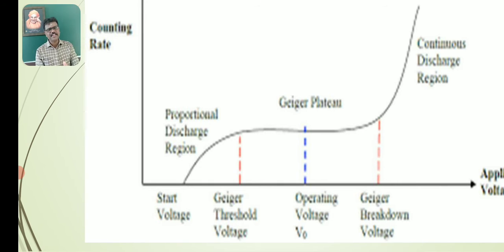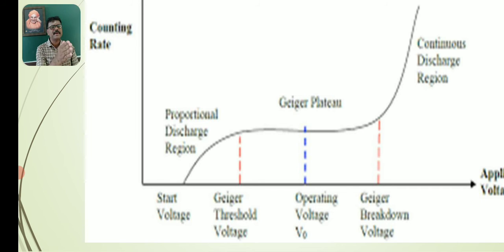Then after that, the counting rate gradually increases. As the applied voltage increases, at a particular voltage the counting rate increases rapidly.